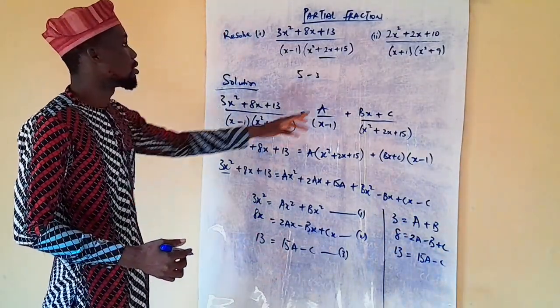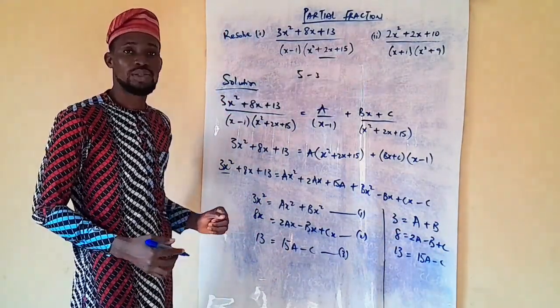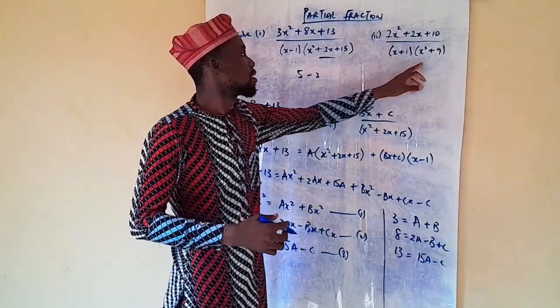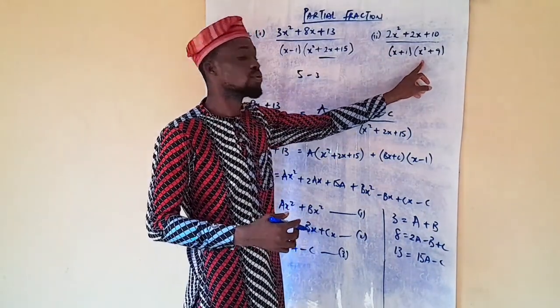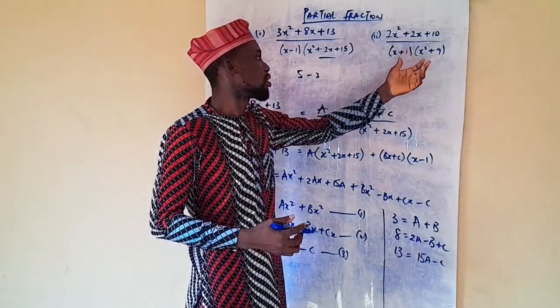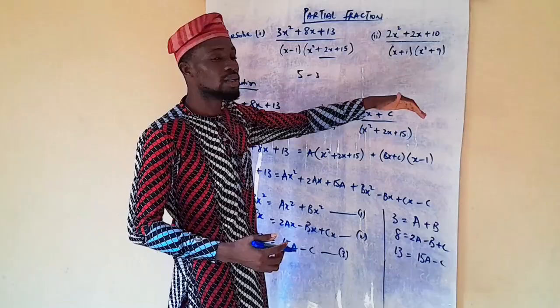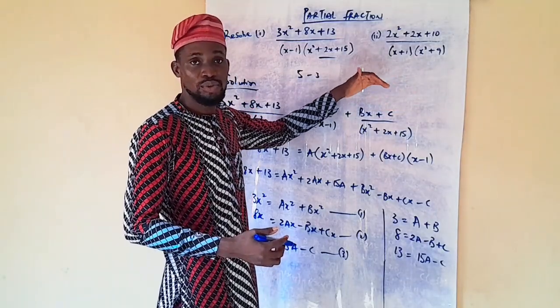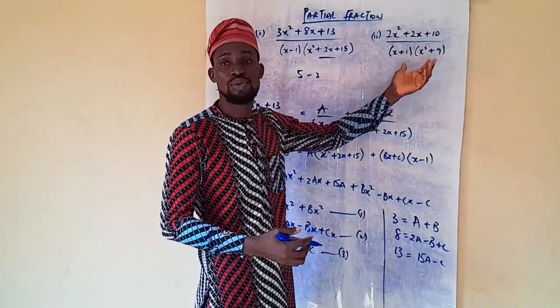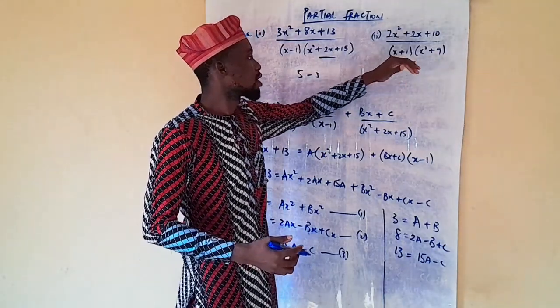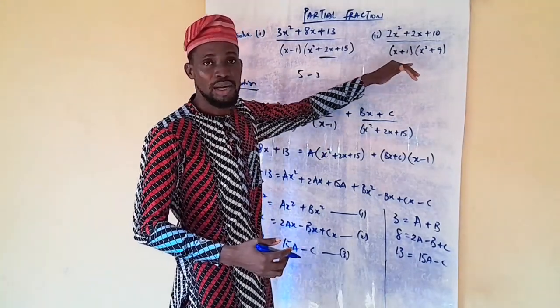Then for this second question, what will I do? Since this is a factor, this is also a factor, but it's not factorizable. Why? Because it is not x squared minus 9. In that case, I would have x minus 3, x plus 3, a difference of two squares. This is like a sum of two squares, which has its own representation, but under partial fraction it is said to be non-factorizable.